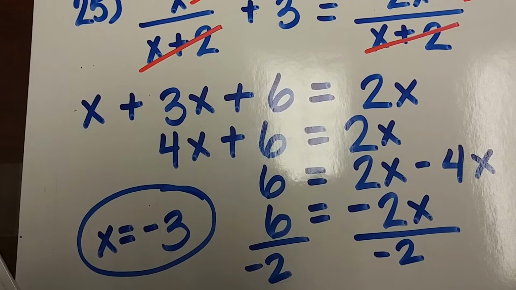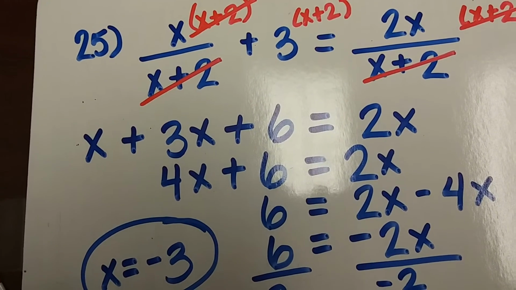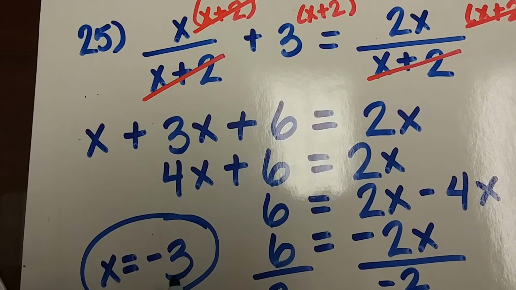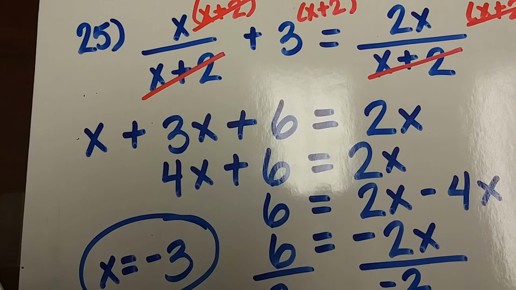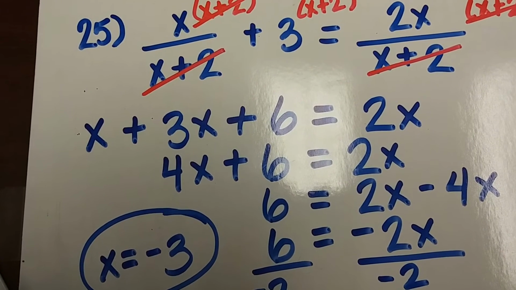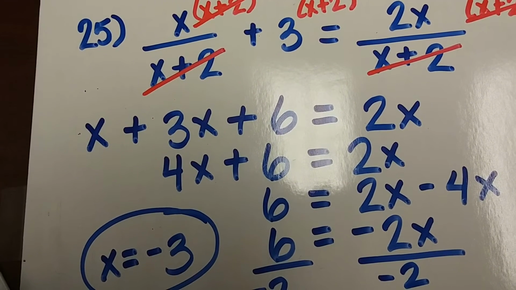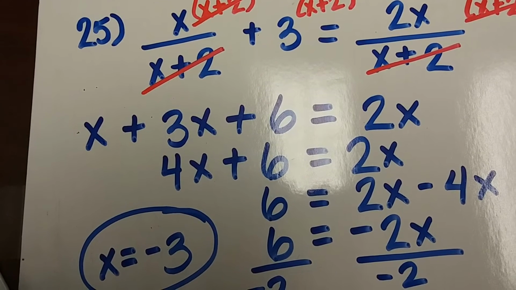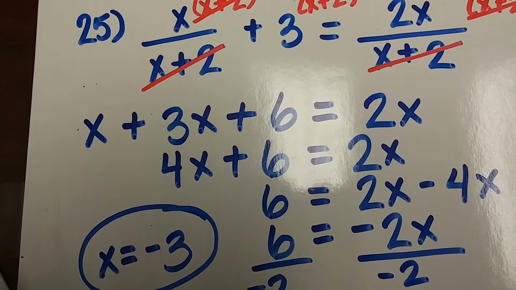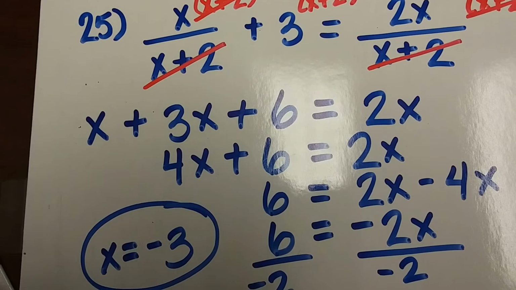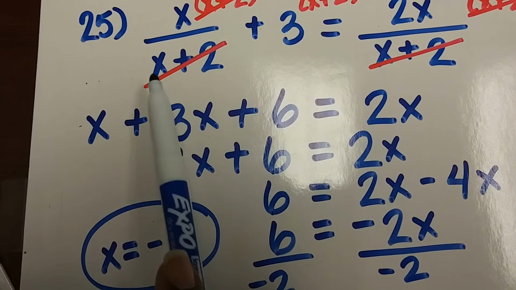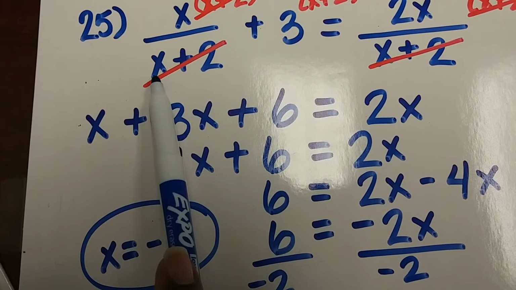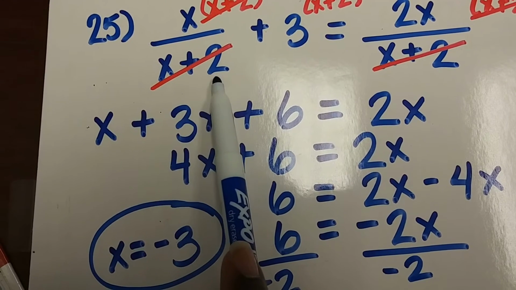The question does say check it. The best way to check this is what we talked about back in 6.1. We talked about when answers are undefined. An answer is undefined when it's a number divided by 0. If I plug negative 3 back in, does my denominator equal 0?